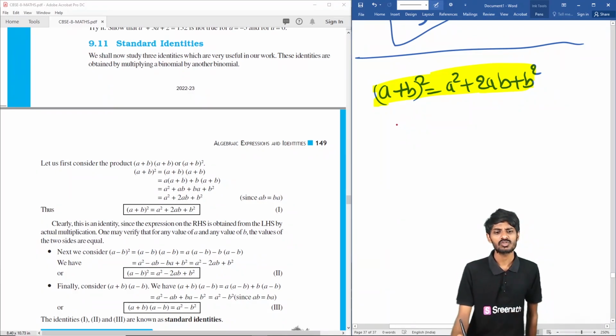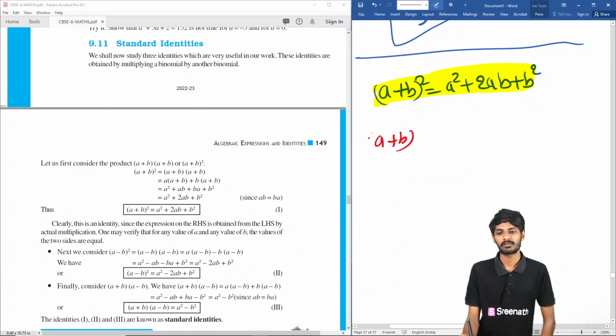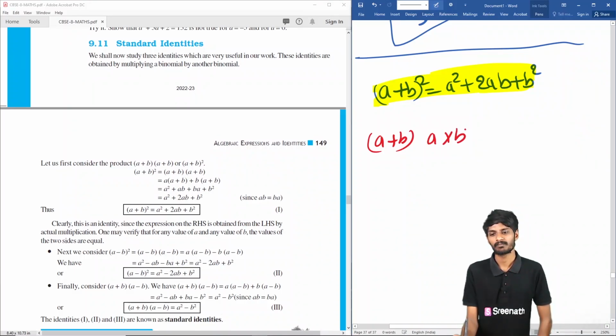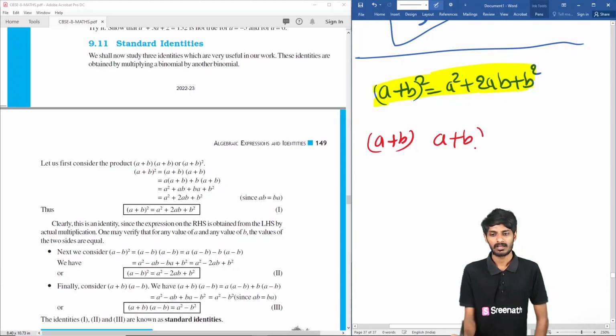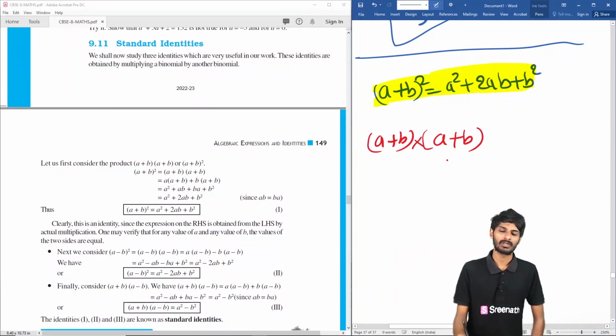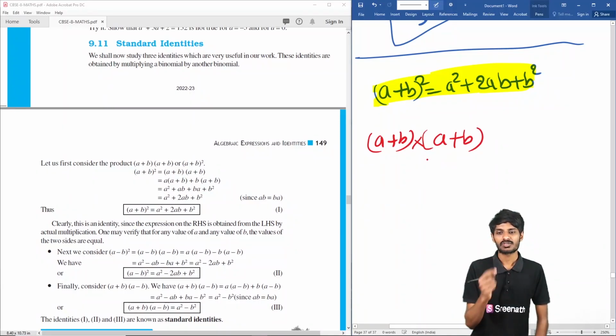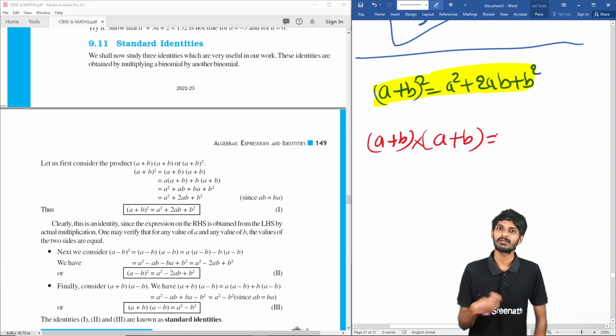So how to prove it? (a plus b) whole square means (a plus b) into (a plus b). So a plus b is a binomial and a plus b is also a binomial. So it is a multiplication of a binomial by a binomial.